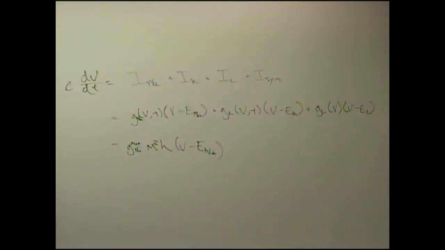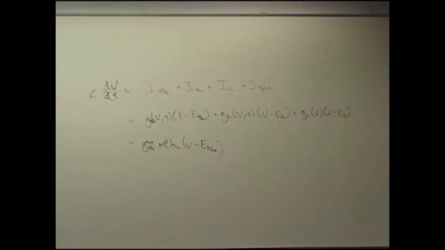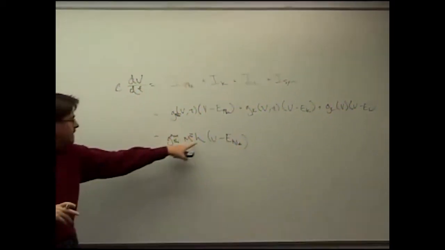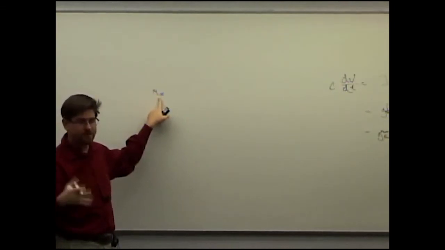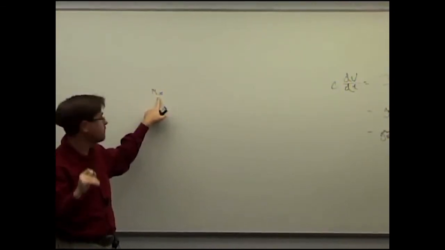Okay, so if we plot m, the problem is these things, m and h, are functions of time. They change over time. And so we can talk about the number of channels we would expect to see open if we held the voltage at a particular value for an infinite amount of time.